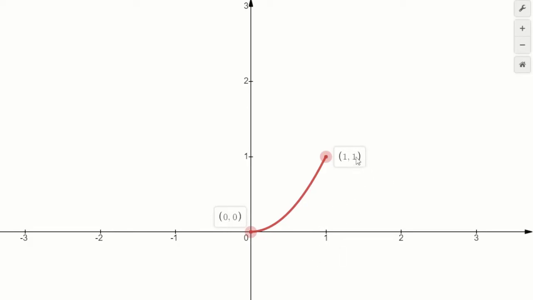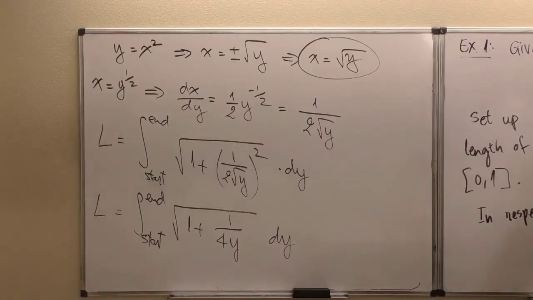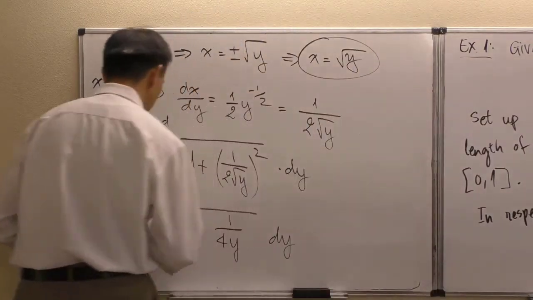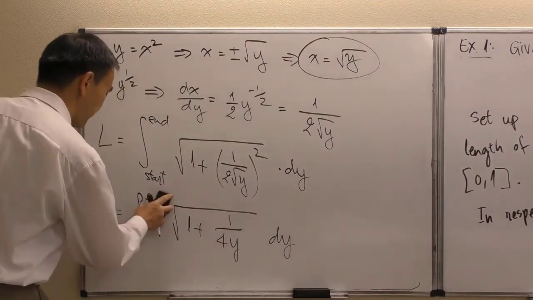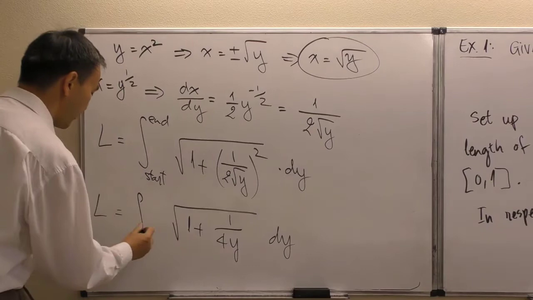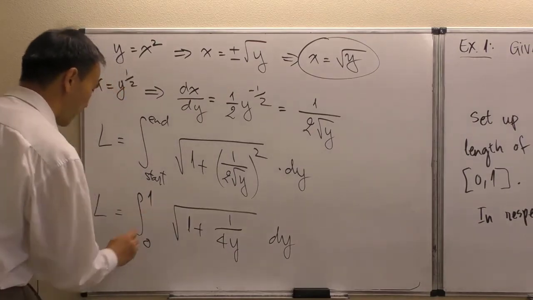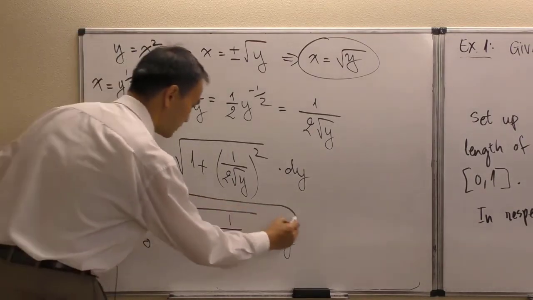So from start to end, it starts at 0 on the y-axis and ends at y equals 1. In other words, the integral setup is completely ready: an integral accumulating from 0 to 1.